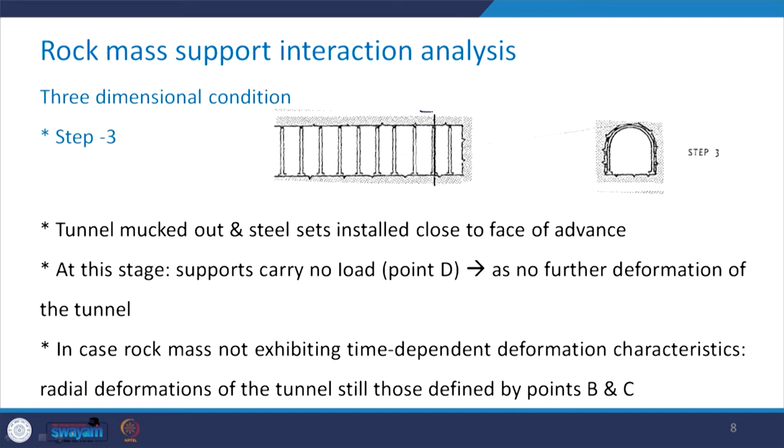So, at the section XX, which is this one, now the support has been installed, and therefore in this view you are seeing the support system as well. So this was the excavated periphery, the outer portion, and this is the support system.